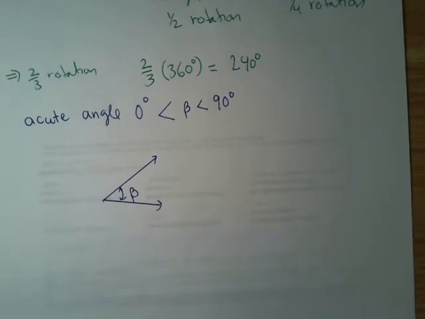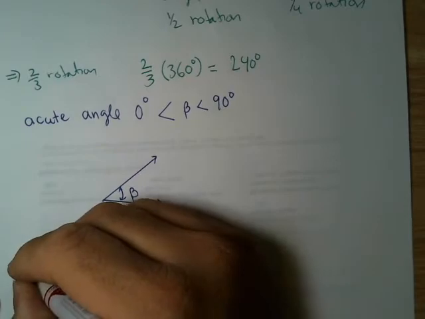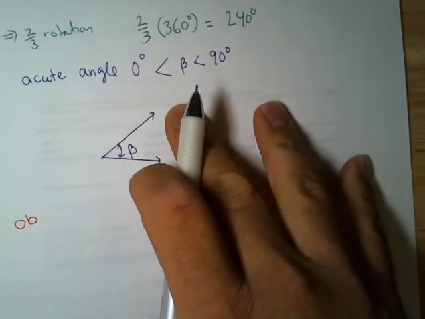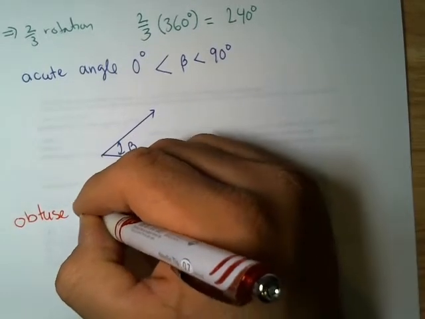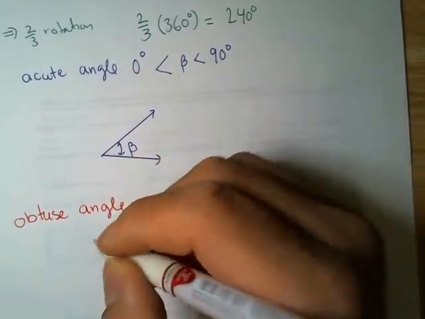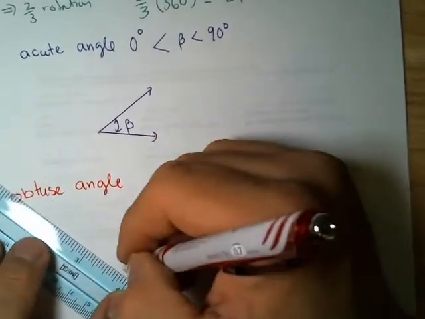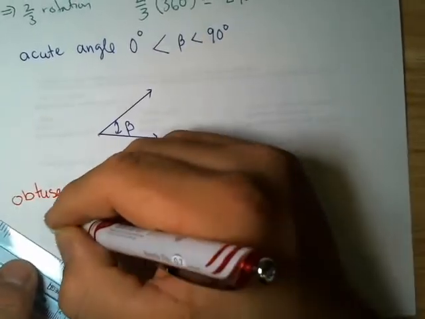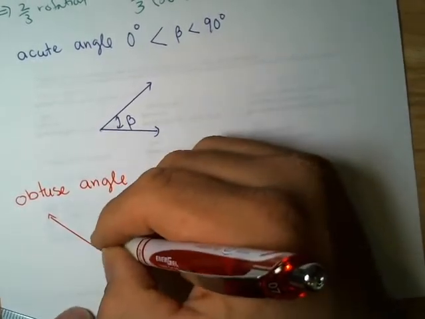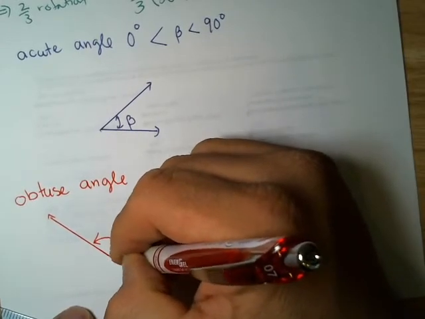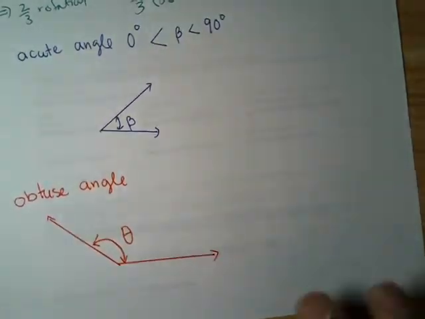Another way to describe an angle would be an obtuse angle. This one is going to be bigger than 90. It looks something like this. Let's call this one theta, just to use a different symbol here.